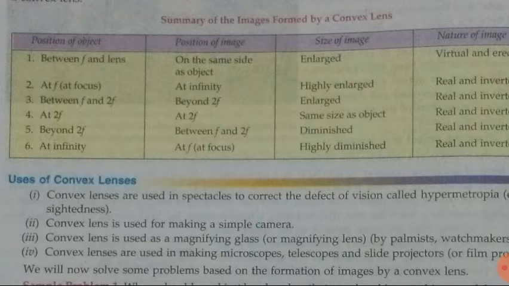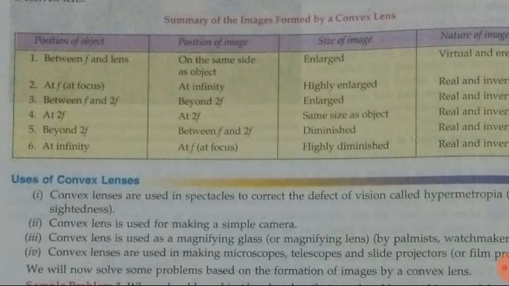Beyond 2F, the position of image will be between F and 2F. The fifth case is just opposite to the third one, and the size will be diminished. Sixth case, when the object is at infinity, the image will be at focus. The sixth case is opposite to the fourth one. Here the size of image will be highly diminished.